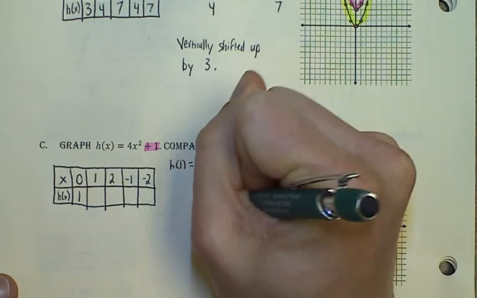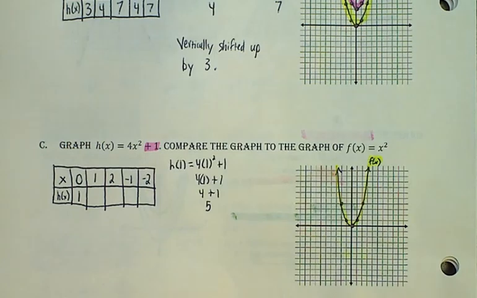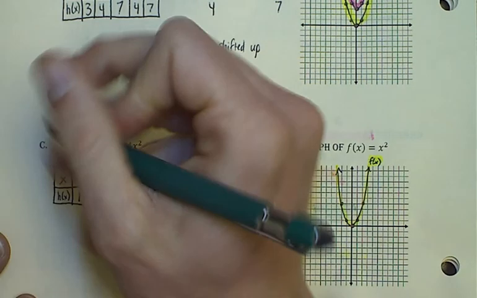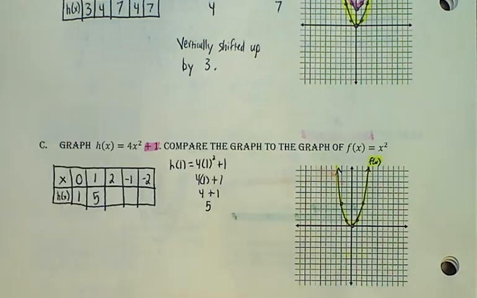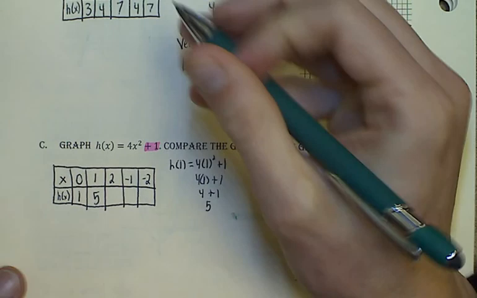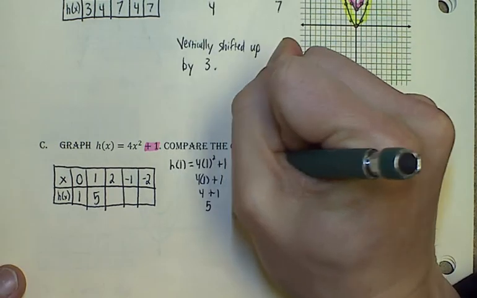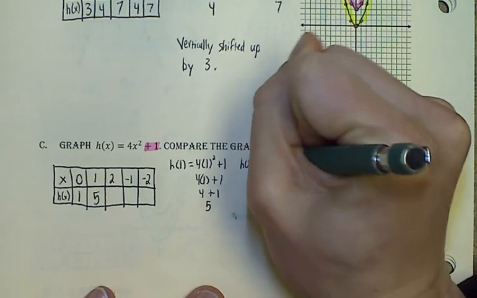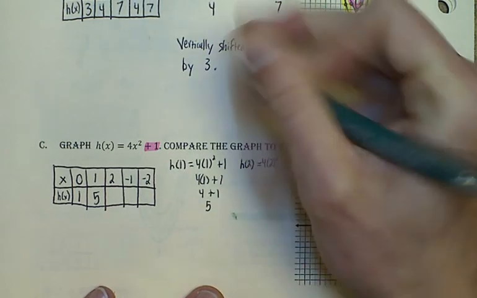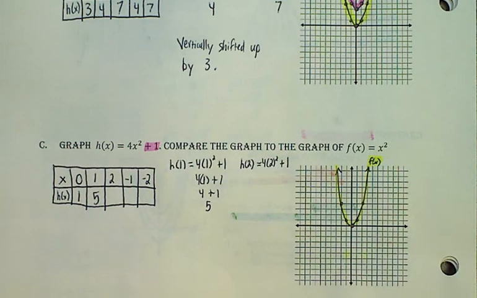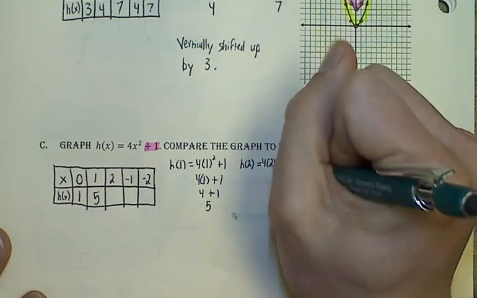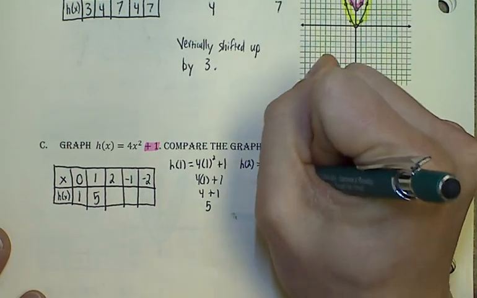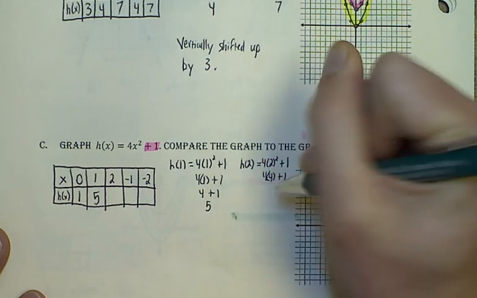So when x is 1, h of x is 5. Now on to the next one. So h of 2 equals 4 times 2 squared plus 1. 2 squared is 4, times 4 plus 1. 4 times 4 is 16, plus 1 is 17.